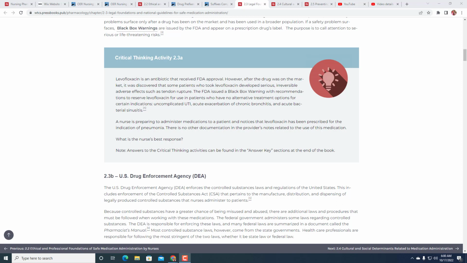Multivalent means it's +2 or +3, multi meaning many. If you look in group 2 and group 3 of the periodic table, in group 2 you see calcium and magnesium, and in group 3 you see aluminum. Those are going to bind with the levofloxacin, or fluoroquinolones more generally, and make them ineffective. So that's if you get the go-ahead from the prescriber.